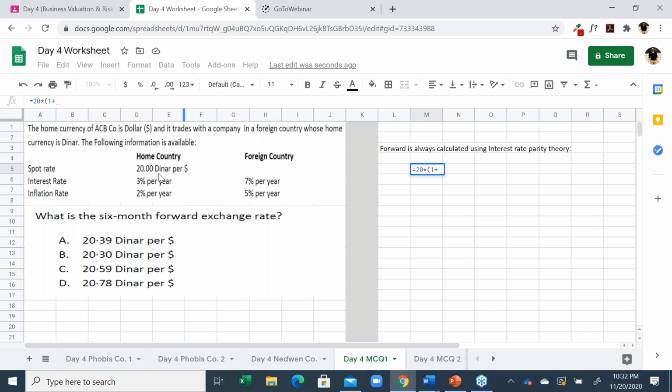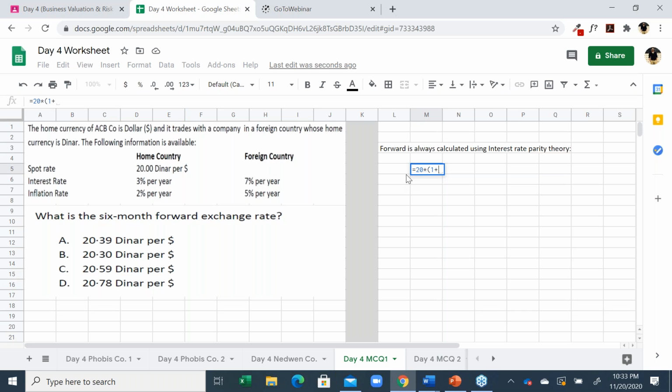So in the numerator, we should have the interest rate of the country whose currency is dinar. Now the home currency is dollar. We don't need this one. We need the foreign currency rate, and that's 7%.